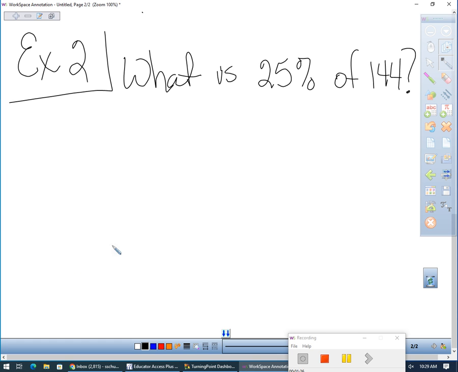Okay? So again, my first ratio is percent over 100. Do we have a percent this time? Yes. So it's 25 over 100 equals is. Now this time it says what is of 144? Yes, x over 144.